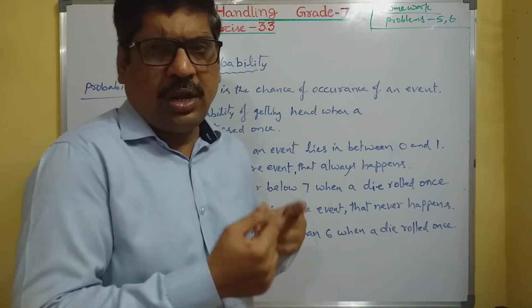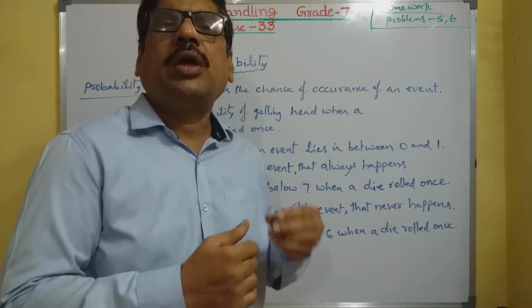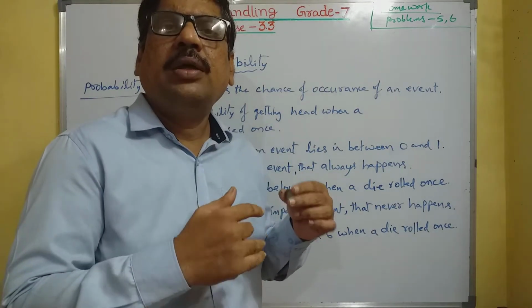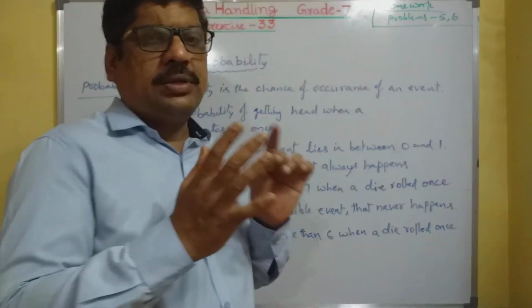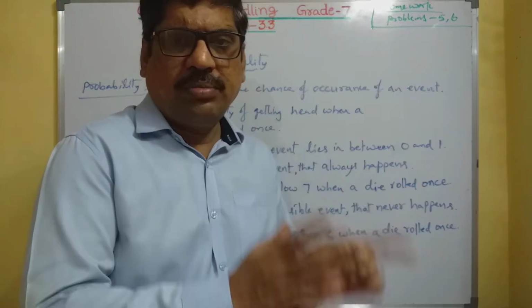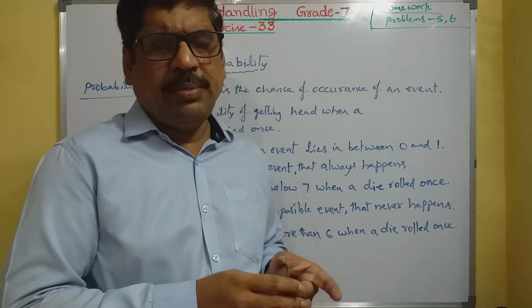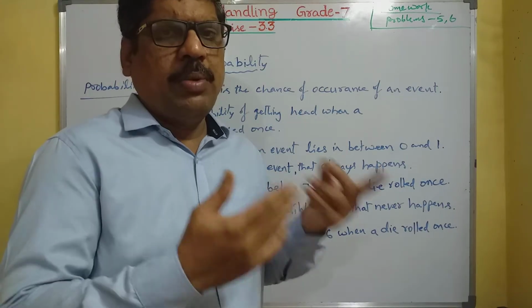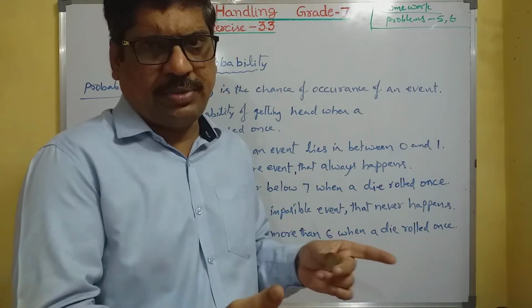That is not in our hand, and we are not able to tell in advance whether we will have head or tail. So like that, the chance of occurrence of something is called the probability. Probability means the chance of something happening.